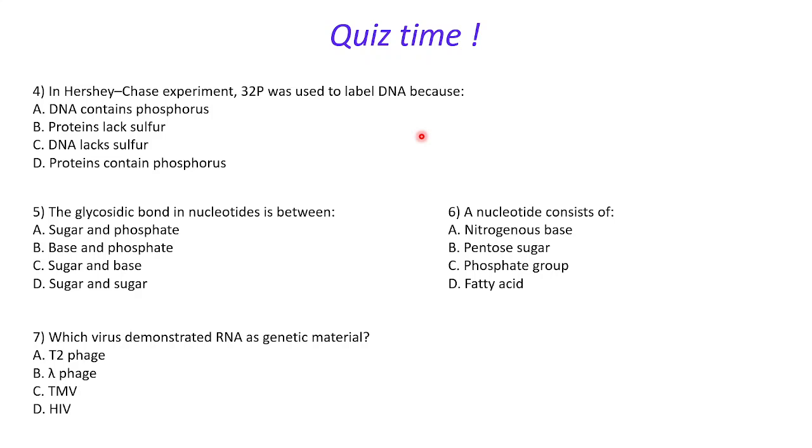In Hershey-Chase experiment, 32P was used to label DNA because. Only the 32P isotope has been mentioned, nothing has been said about sulfur. So we will not bother about the sulfur as of now. The only option that is correct over here is DNA contains phosphorus. We will not comment about DNA lacks sulfur, which is also correct, just because only 32P information is given.